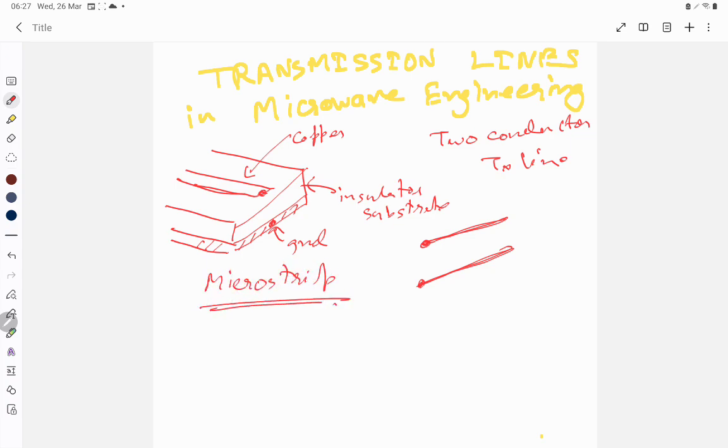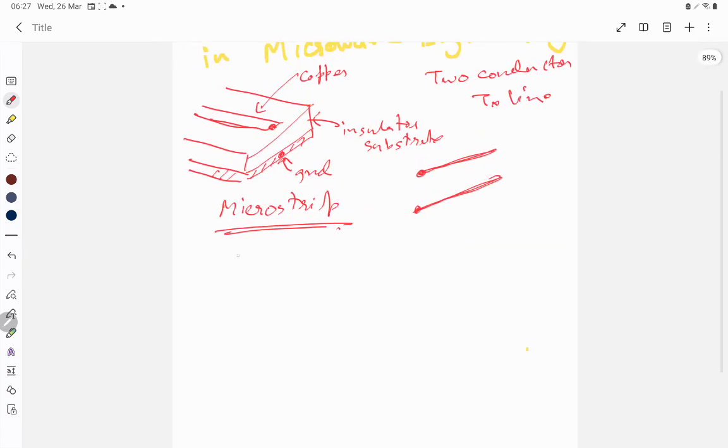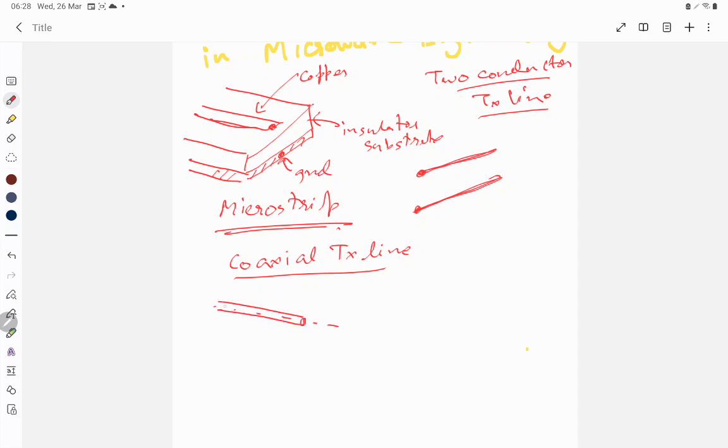This actually stems from an older transmission line, which is a coaxial transmission line, which is another two conductor transmission line. In coaxial, we have a center conductor, and above we have a shielding conductor, a metal shielding conductor.